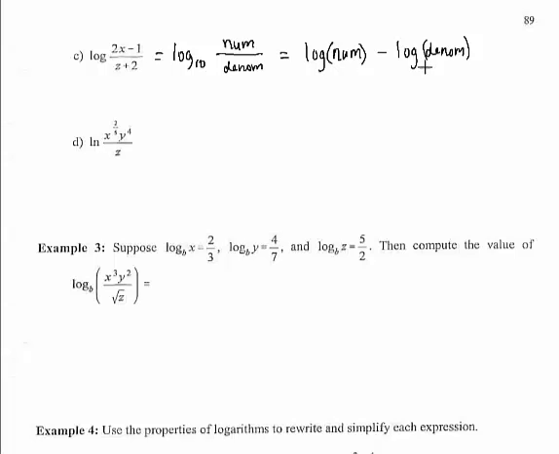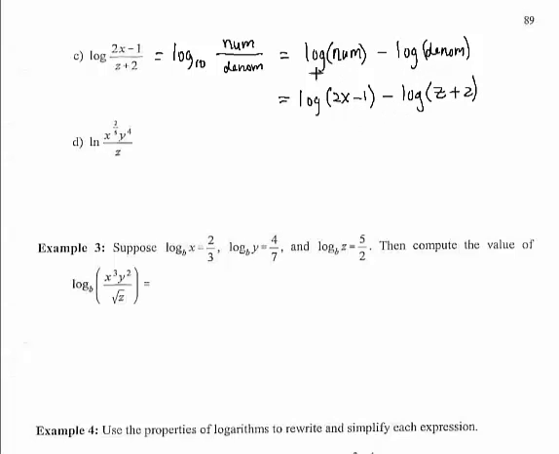It's the common log. And now what was the numerator? Well, it was the expression 2x minus 1, and then the denominator was z plus 2.